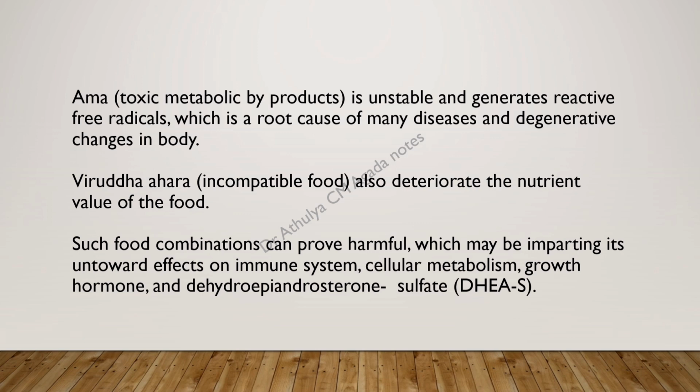Such food combinations can prove harmful, imparting untoward effects on immune system, cellular metabolism, growth hormone and dehydroepiandrosterone sulfate. It is a steroid hormone which is produced by our adrenal gland, and it is responsible for the production of the male sex hormones and the female sex hormones.